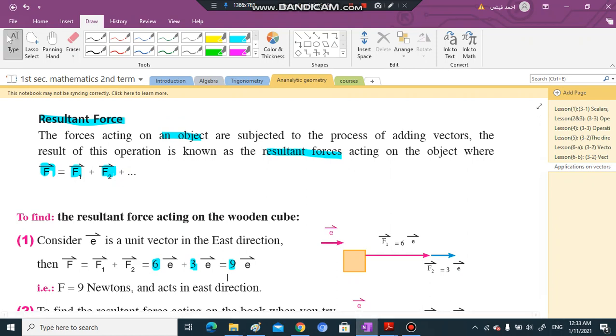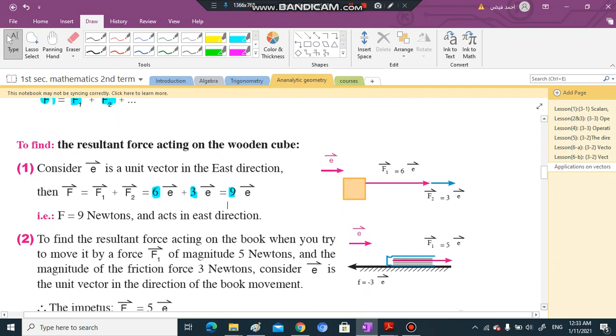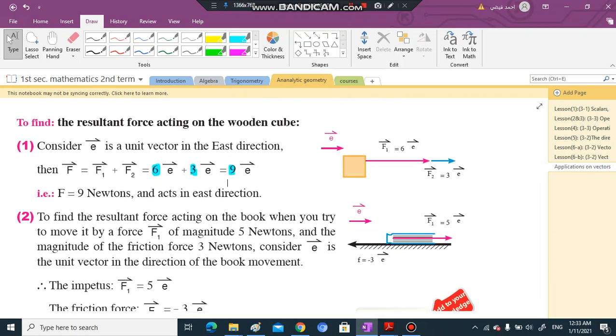And we have here another example. To find the resultant force acting on the book when we try to move it by a force F1 of magnitude 5 newtons, and the magnitude of the friction force is 3 newtons. We consider the vector E as the unit vector in the direction of the book movement.